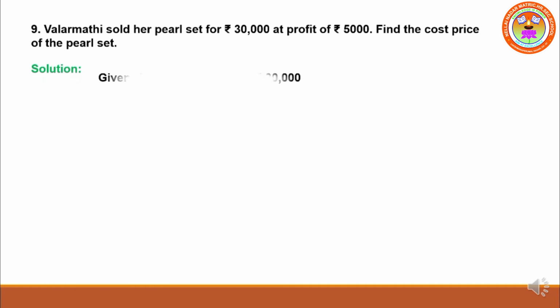Given SP of the pearl set is equal to 30,000 and profit is given as 5,000. Okay, we have to find what is the cost price of the pearl set, right? So we are going to use the formula, that is CP is equal to SP minus profit. Since profit and SP are given, we are going to use the same profit formula.